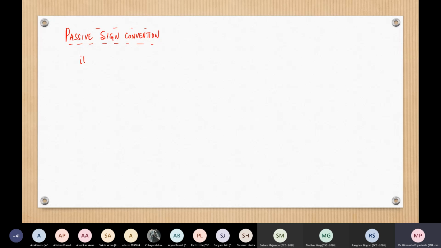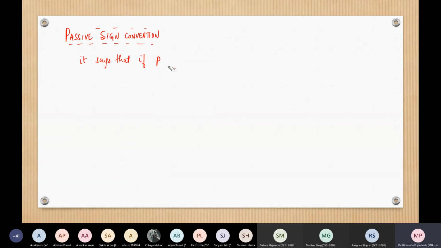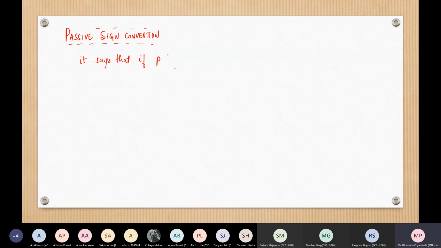It says that if P is greater than 0 and if P is less than 0, what can be the two cases?